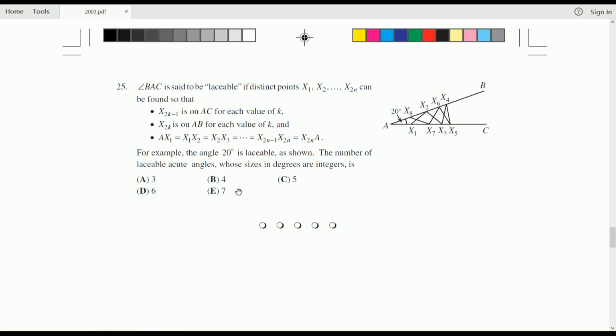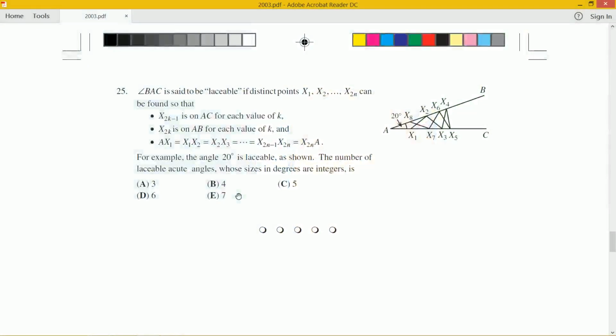I'm noticing, as I've mentioned, that we've got a lot of the same lengths here. AX1 is the same as X1X2, is the same as X2X3, X3 to X4. These are all the same length. So I'm wondering if it might work down until you eventually hit some sort of equilateral triangle, and that's what bounces it all back.